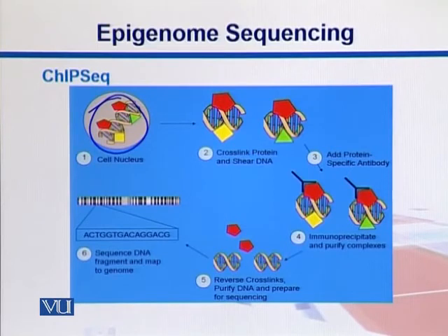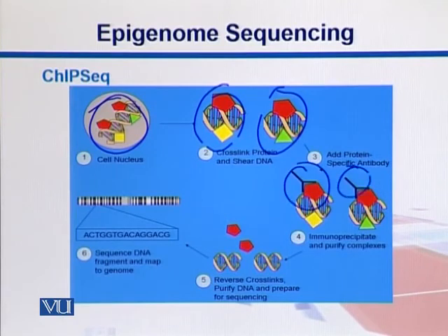We shear that DNA, and then we add specific antibodies to capture those proteins. In this way we can capture the DNA, remove those proteins, and then submit that sequence for sequencing. So we can identify what sequences are there, and we can have an idea about the binding sites for these proteins.